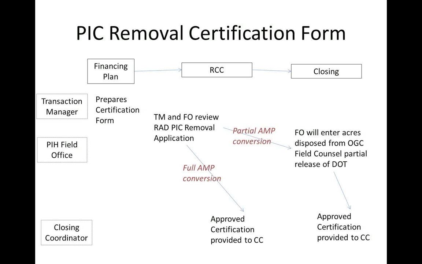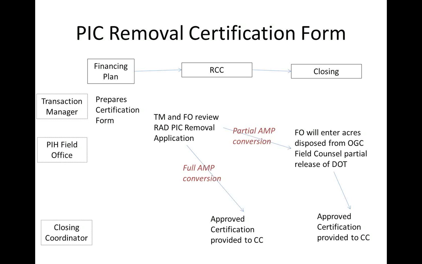Where it's a partial AMP conversion, the field office will consult with the OGC Field Counsel, who's looking at the Declaration of Trust, and sometimes in these cases it will mean a partial release of the Declaration of Trust. So they'll have reviewed title and survey, and will get from them what the appropriate acreage that should be removed is, and enter that amount.